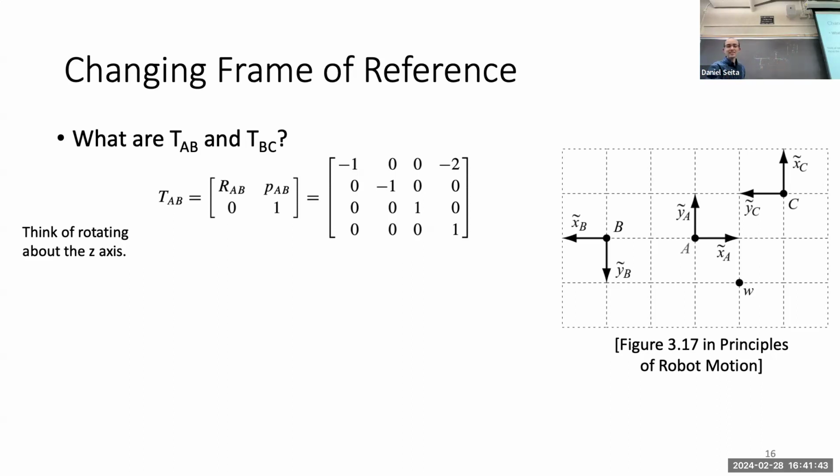The z-axis is pointing out. So this is the z-axis, and we're actually doing a rotation about the z-axis, because of the right-hand rule. So this is x, y, and z, and z is here.